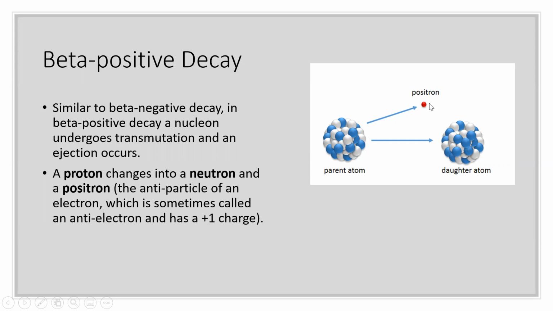The positron, which is like the opposite of an electron, is a small positive particle that gets ejected. Since it's a small positive particle, we negate any mass on it, and we know that it has a +1 charge.